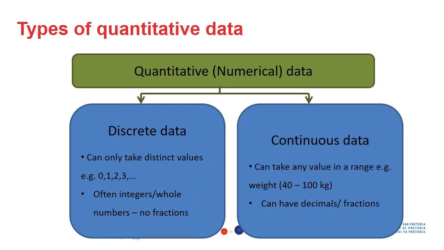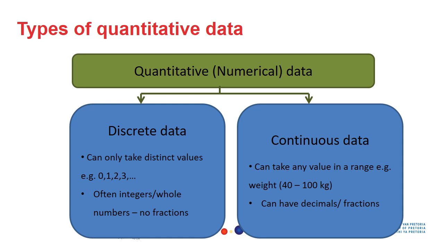Now, let's get a little bit deeper. We said quantitative data is a result of either counting or a measurement. Count data are also called discrete data because they can only take specific distinctive values, e.g. 0, 1, 2, 3, and so on. It cannot be 2.5, for instance. You can't have 2.5 children in a family.